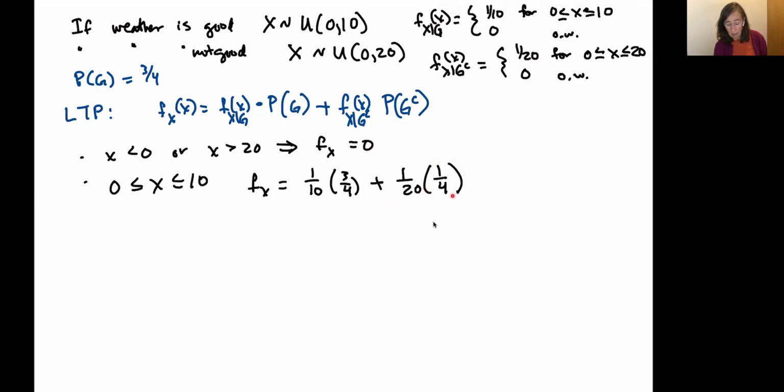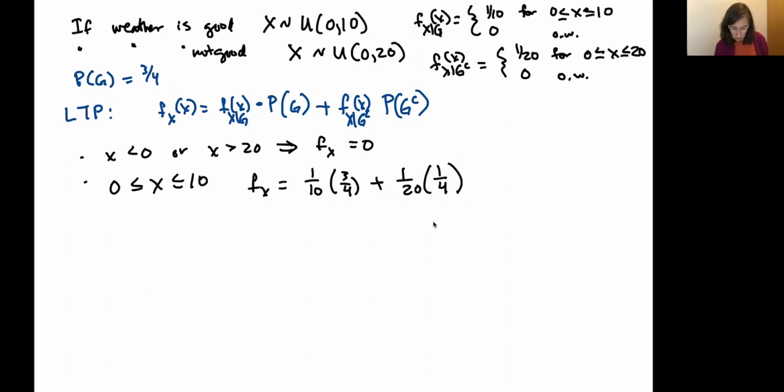And my probability of bad weather here is just 1 minus my probability of good weather. So as always has to happen with the law of total probability, these probabilities of the conditioning events have to sum to 1, and they do. Hooray. Okay, so what does that equal?